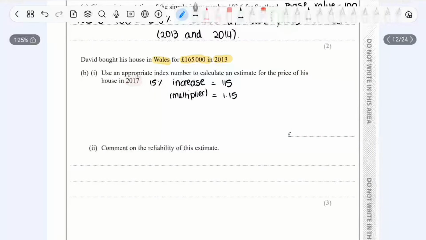And so now the new price is going to be 15% greater than 165,000, or 165,000 multiplied by 1.15. I'm just going to type this into the calculator, and I get this value here, 189,750.